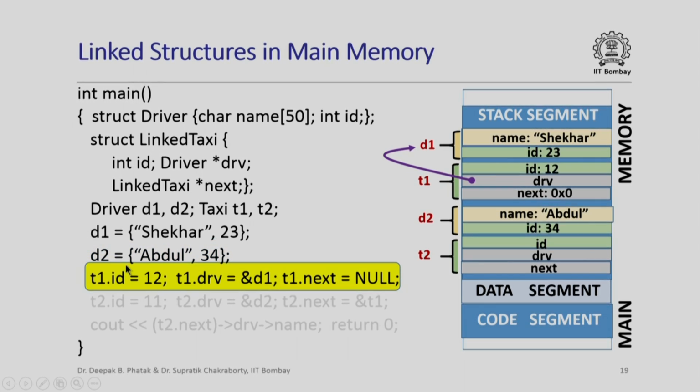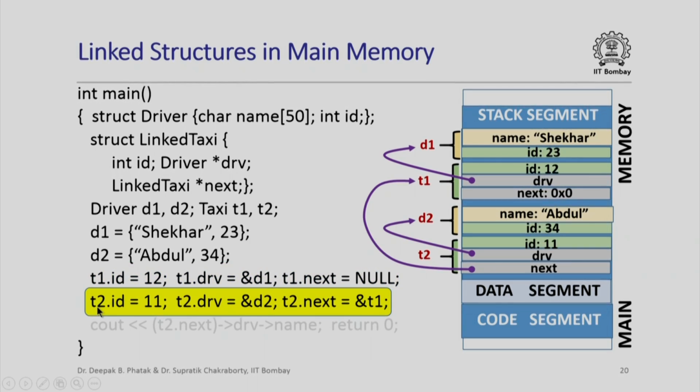Now suppose I execute this assignment statement: T1.id is assigned 12, so in the space allocated for member ID of the variable T1, 12 is copied. T1.drv is assigned the address of D1, so T1.drv is now going to point to D1, and T1.next is null. Null is of course the 0 pointer, so in the space allocated for next in the variable T1 the all 0 value is stored. What about the next sequence of assignment statements?